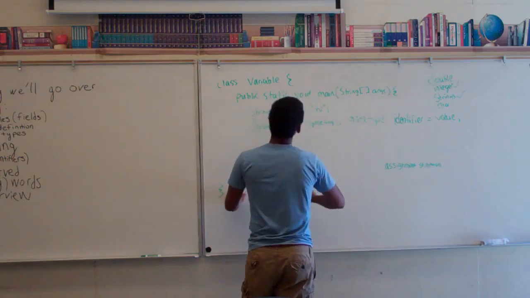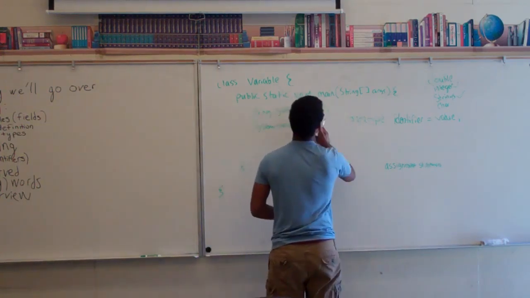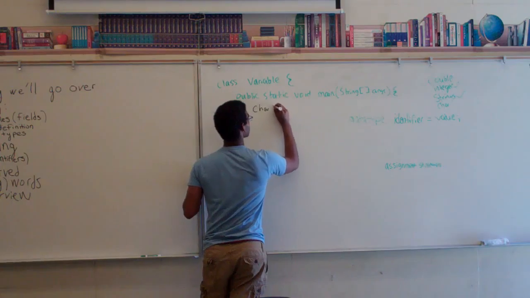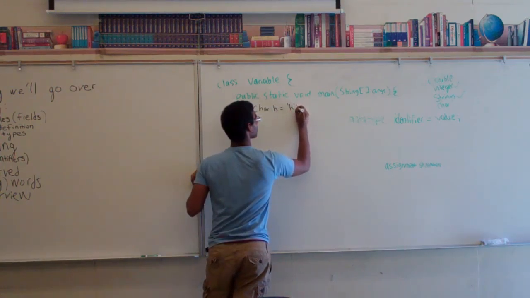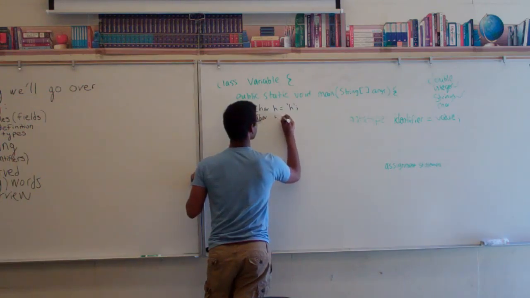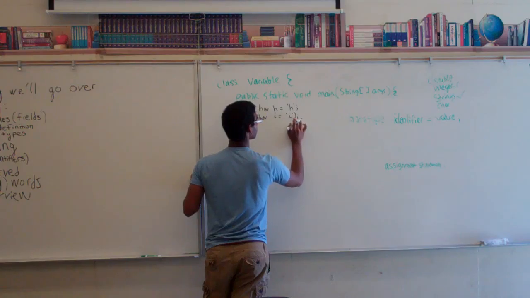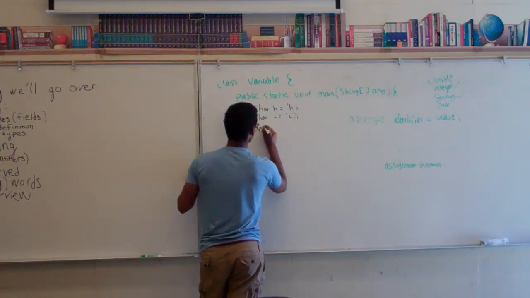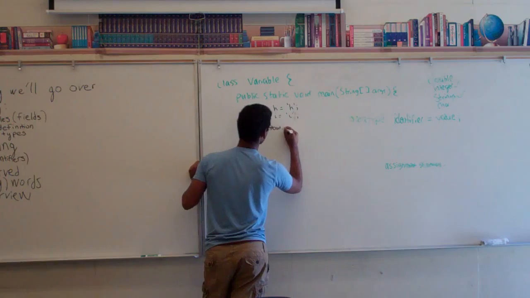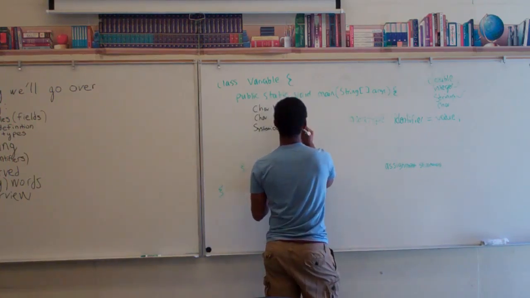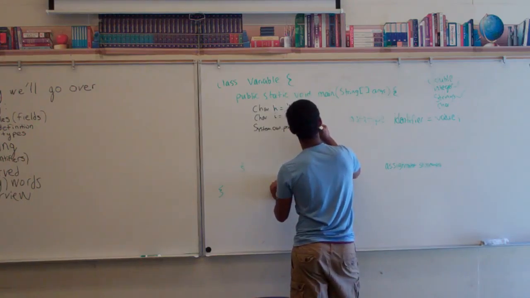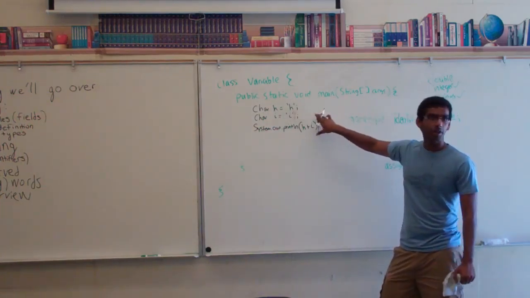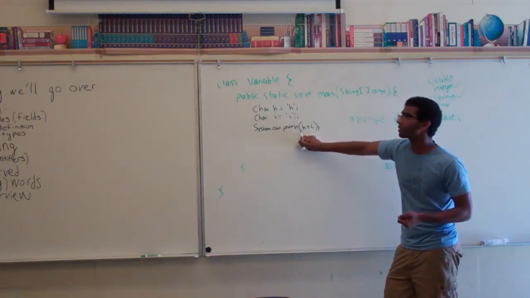So when you create a character and second character, so when you do this, if you run this code as opposed to if you did anything else, this will actually give you a number.